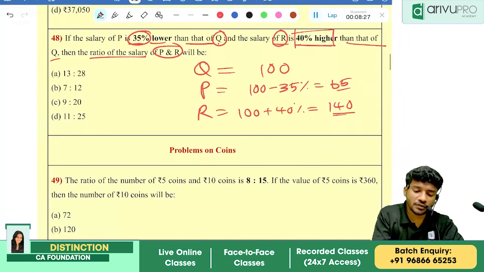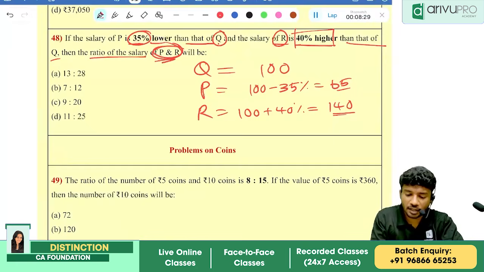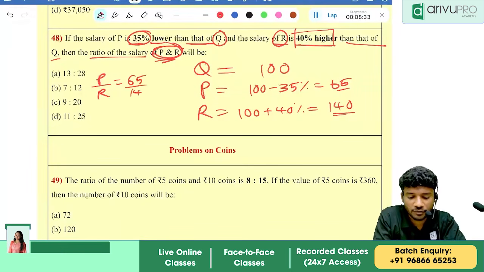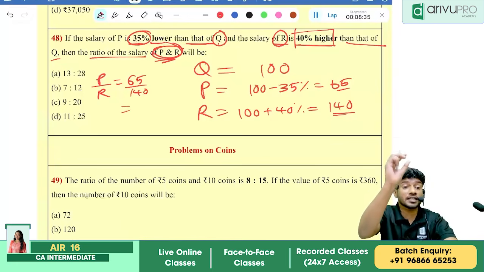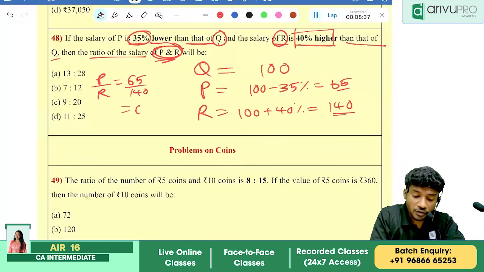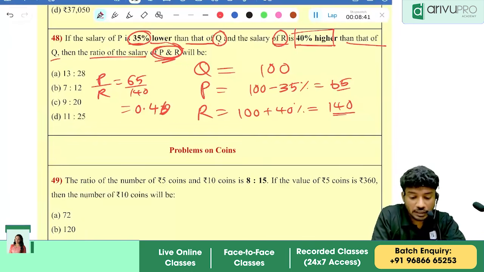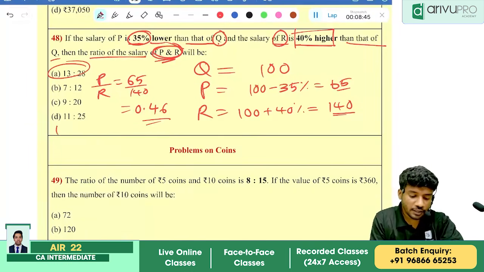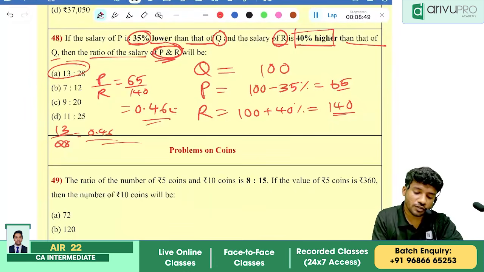Then what is the ratio of the salary between P and R? Take P by R, which is equal to 65 divided by 140. Give me the value in decimal. How much is it? 0.4643 or 0.46. Which option is giving you that? 13 divided by 28 is equal to 0.4646.